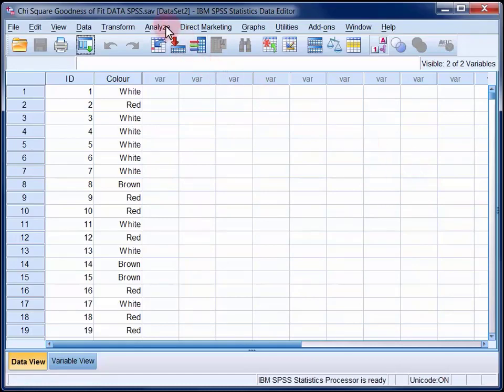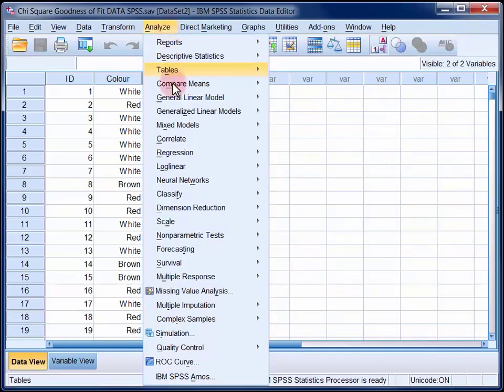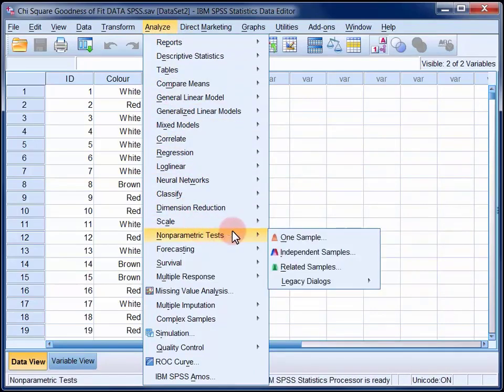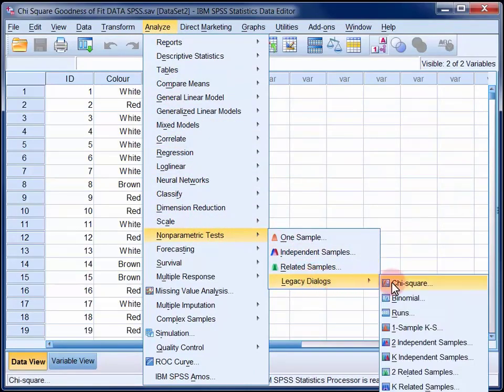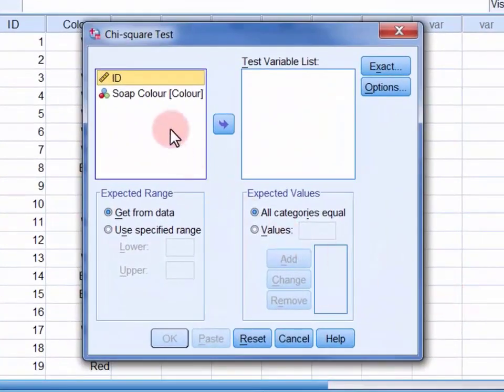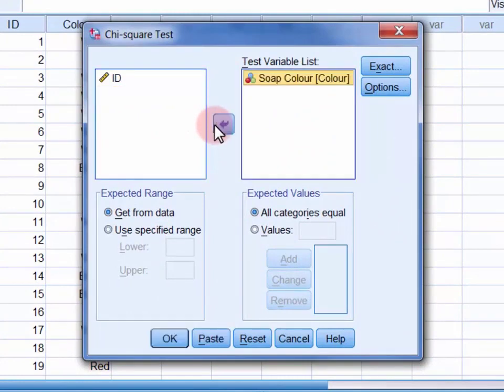So in the Analyze menu, select Nonparametric Tests, and then Legacy Dialogs, and Chi-square. Now the test variable is colour, so we'll move that across into the Test Variable List. And under Expected Values here, I'm going to specify All categories equal.